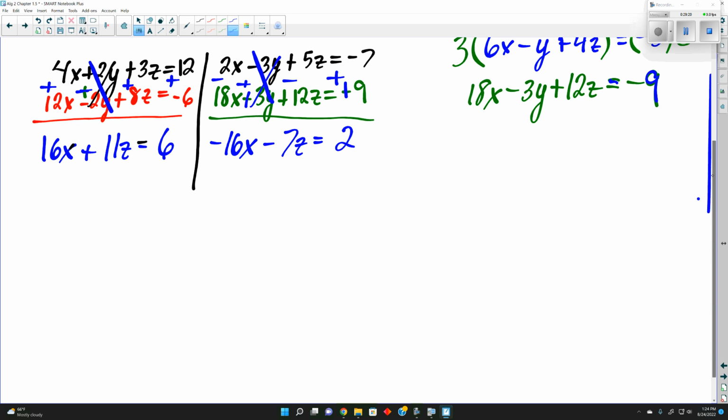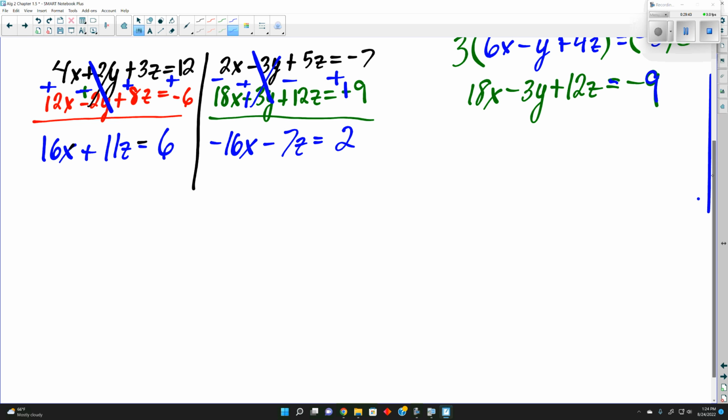So we've taken it from 3 equations with 3 variables to 2 equations with 2 variables, yes? Okay. Now the third step takes us through steps 1 and 2, yes? Step 3 is what? Repeat steps 1 and 2. We don't have to pick another equation, but we have 2 equations with 2 variables. So I just need to pick a variable to eliminate.